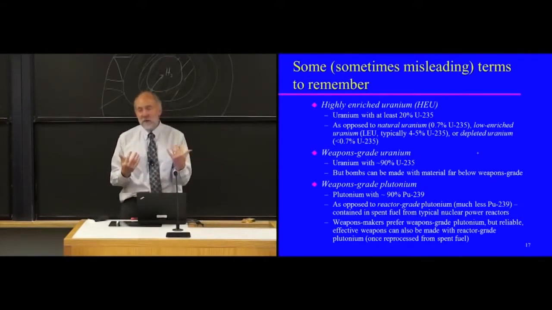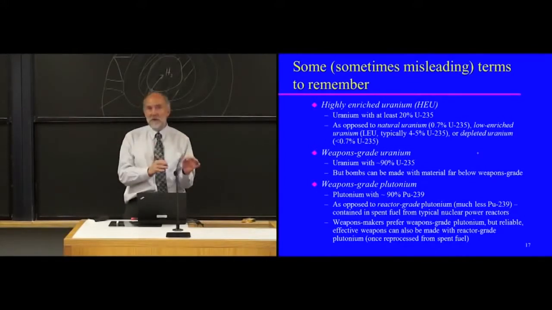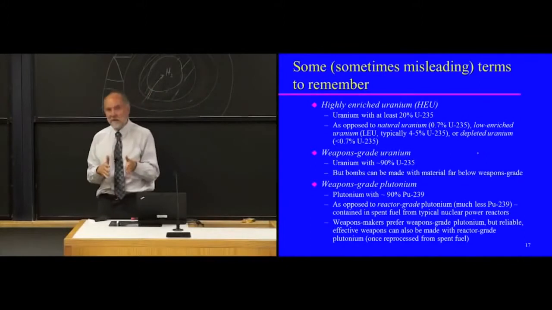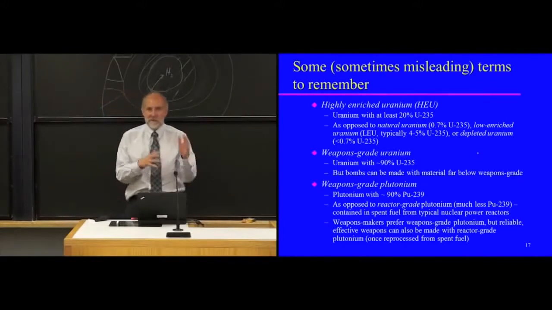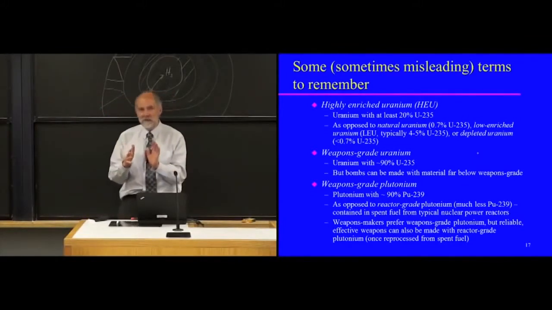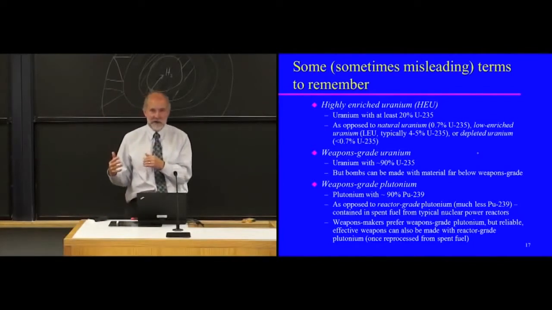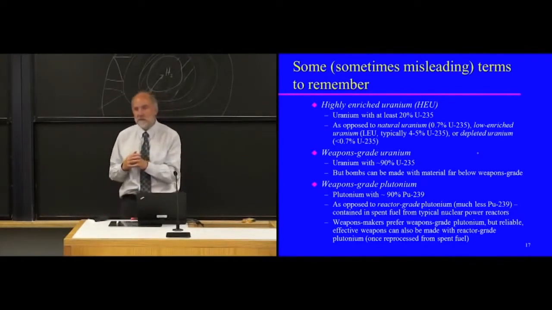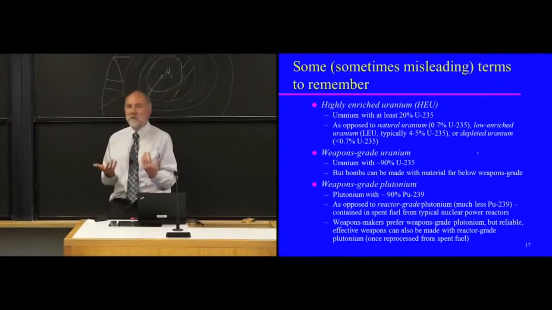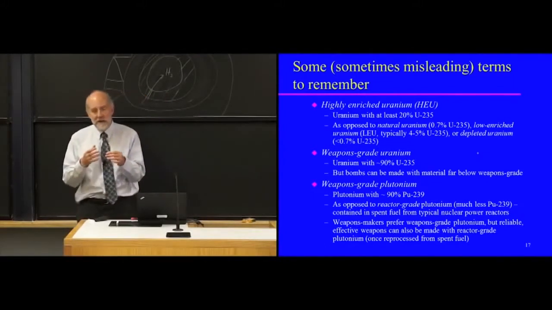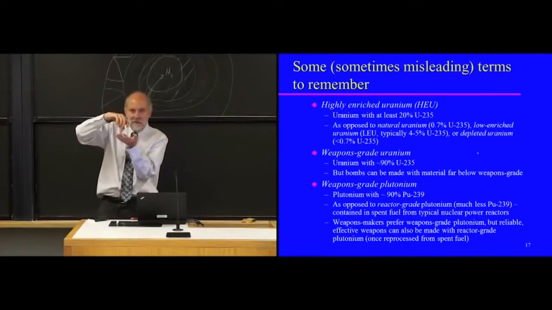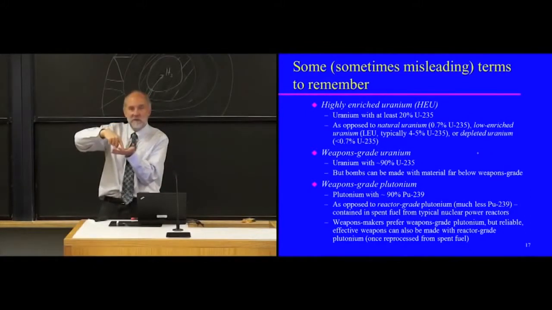All right, so similarly, weapons grade plutonium, again, a little bit different depending on where you are, but typically sort of 93% or more plutonium-239, which is the isotope you want. Why is plutonium-239 the isotope you want? It turns out if the material absorbs one more neutron, then it turns into plutonium-240.